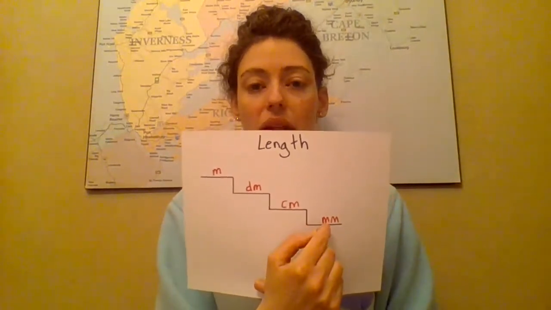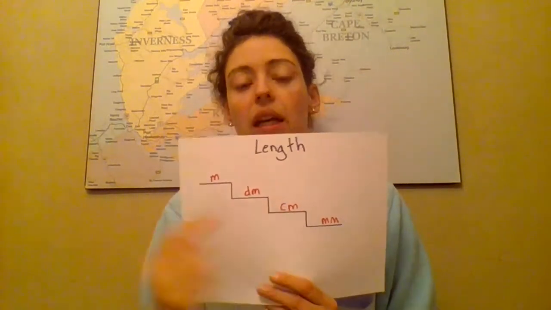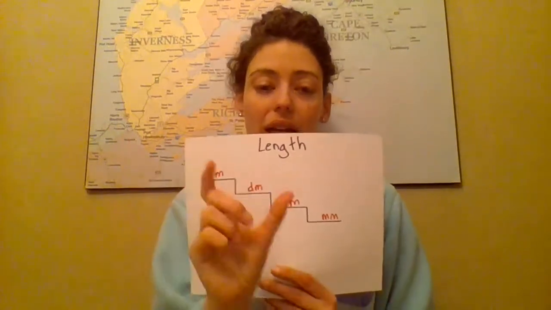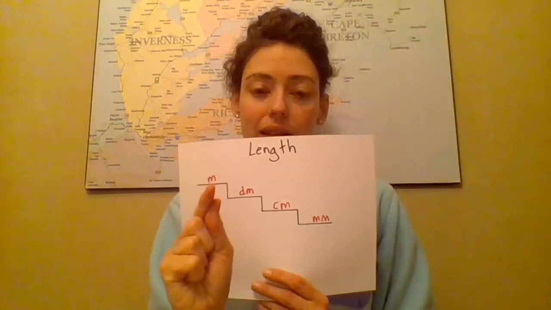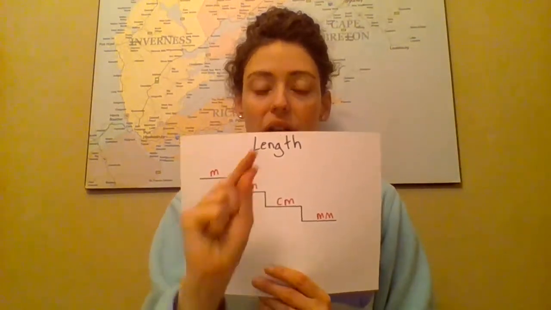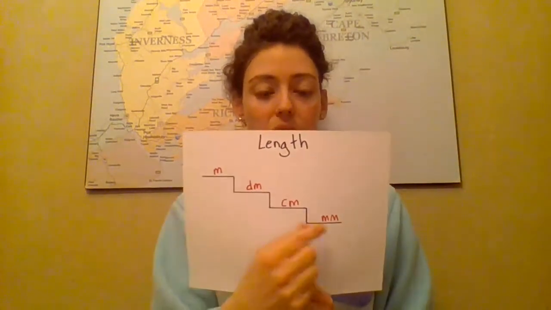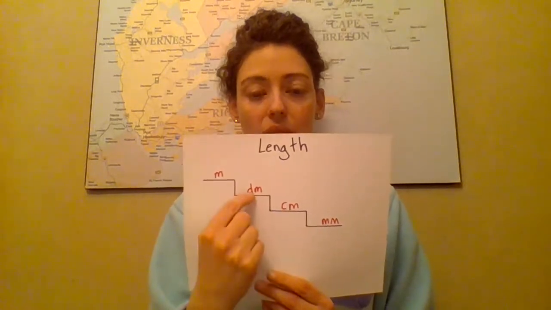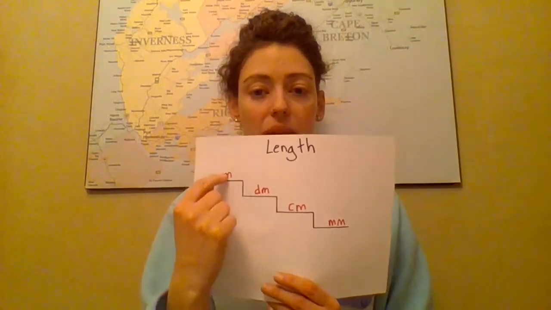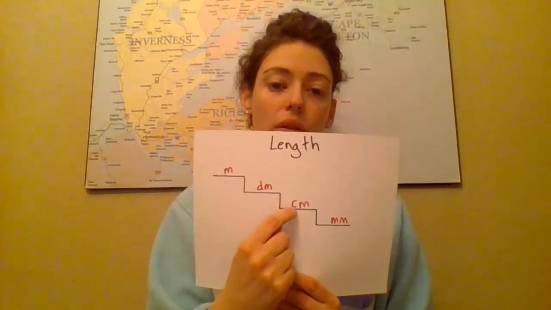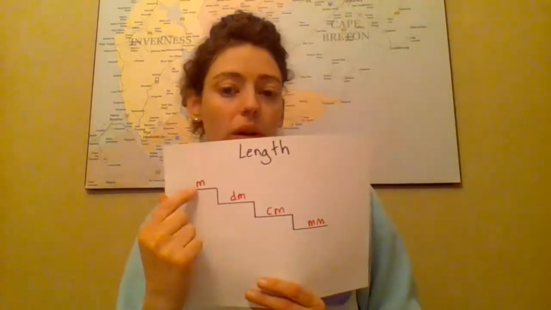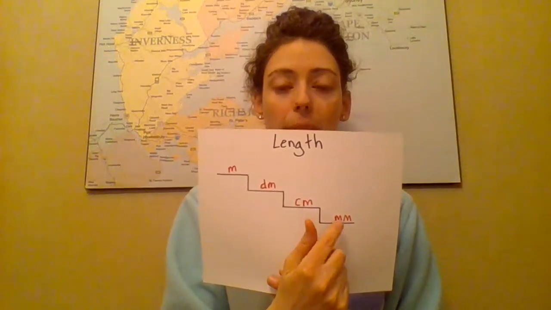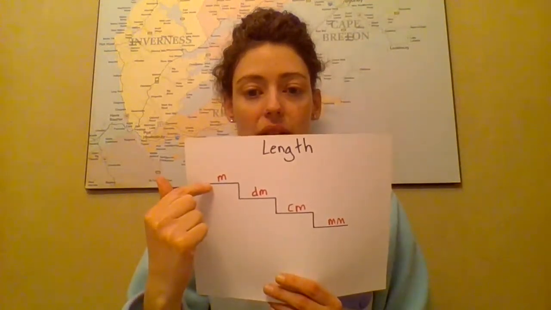So you need 10 millimeters to make 1 centimeter. And if you have a ruler, you can look at that and notice that in your centimeter, there's 10 little lines there, and each of those is a millimeter. You need 10 of those to get a centimeter. And then 10 centimeters to make 1 decimeter, and 10 decimeters to make a meter. So you would need 100 centimeters to make 1 meter, or 1,000 millimeters to make a meter.